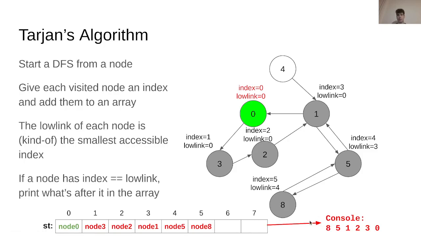So here we'll print 8, 5, 1, 2, 3, 0. Long stuff.